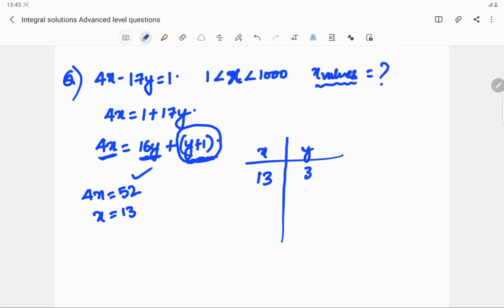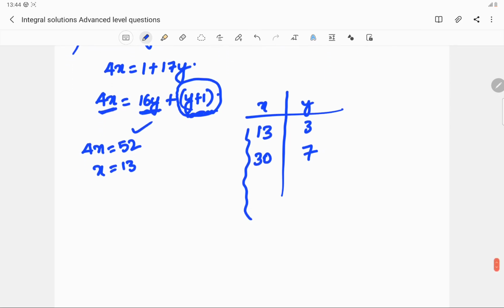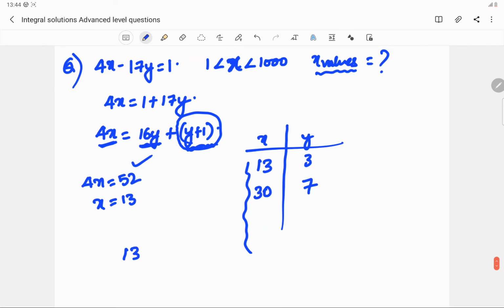If y increases by a, that means by 4, so y is 7, then x also increases by b, that is 17, so it will become 30. So the generic term which x can take is 13 plus 17k. All these are the values which x can take, but this 13 plus 17k should be less than 1000.